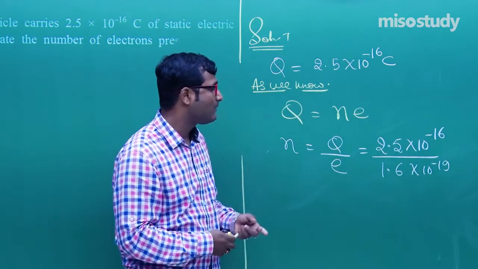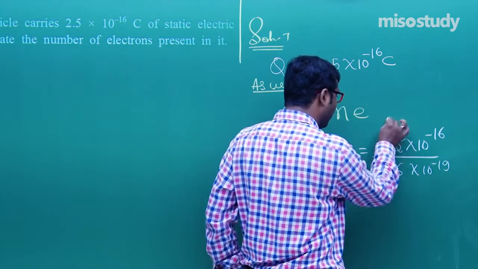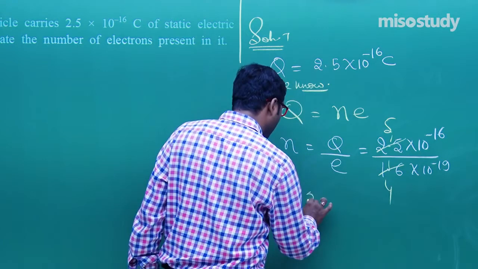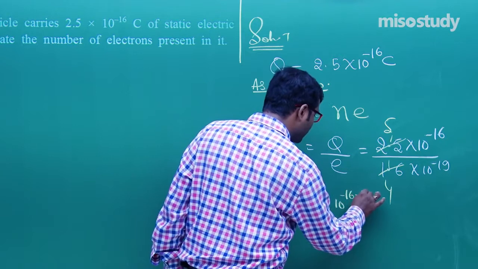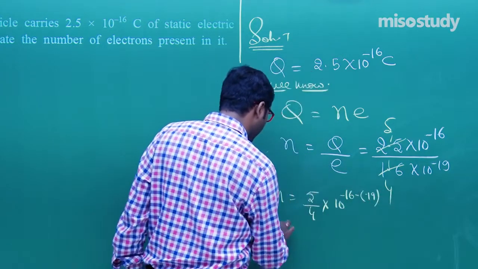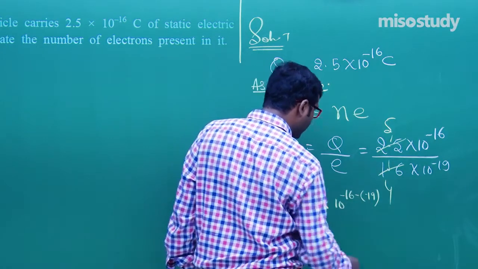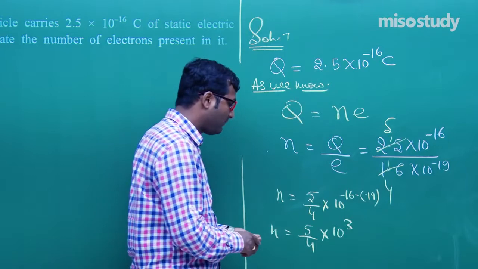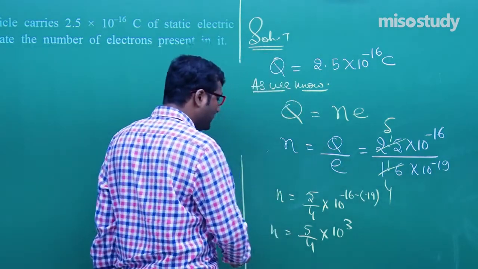That is the charge of one electron. You have to find the value of n. This will cancel, 5 upon 4. Put here n is equal to 5/4 × 10^(-16+19), that is 10^3. 5/4 × 10^3. This is the number of electrons.